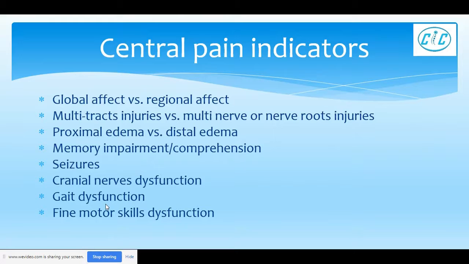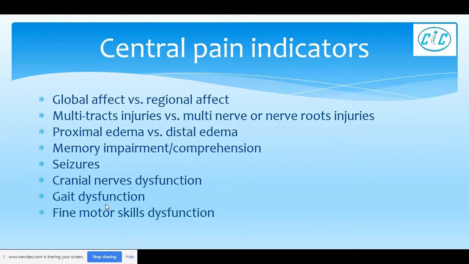But the thing is that the indications in this patient are all referring to central pain, like memory impairments, global effects, and edema in many areas, and then other findings which are more indicative of the central nervous system, like seizures, cranial nerve dysfunctions, and in a more severe case, gait dysfunction.